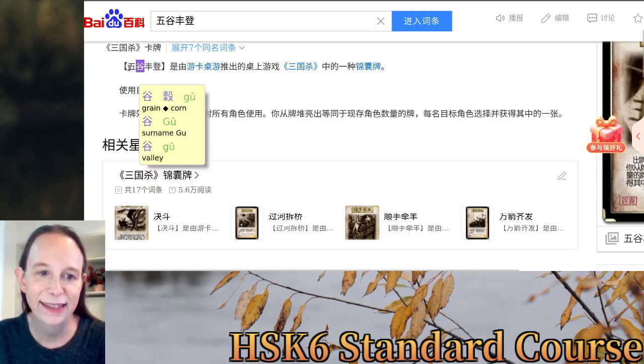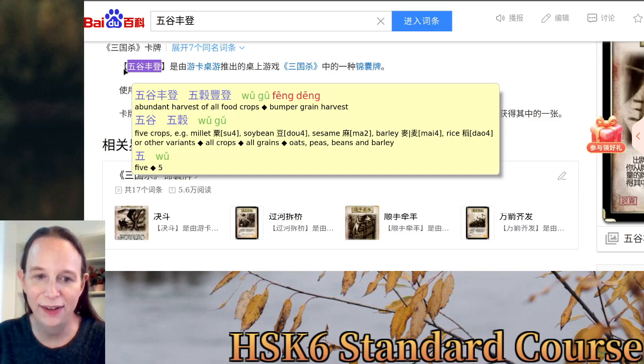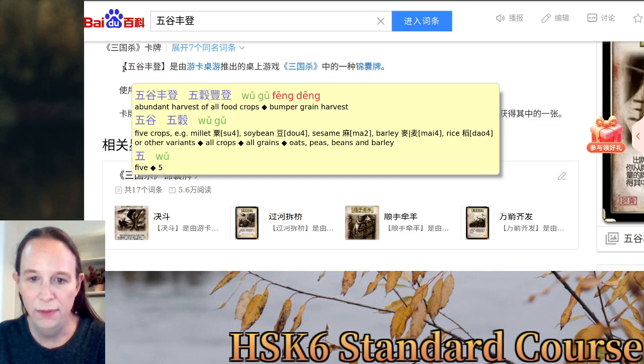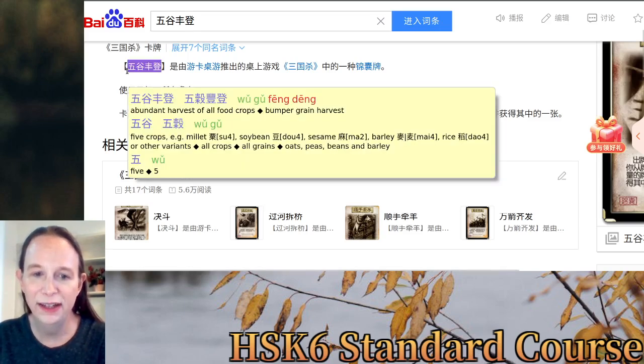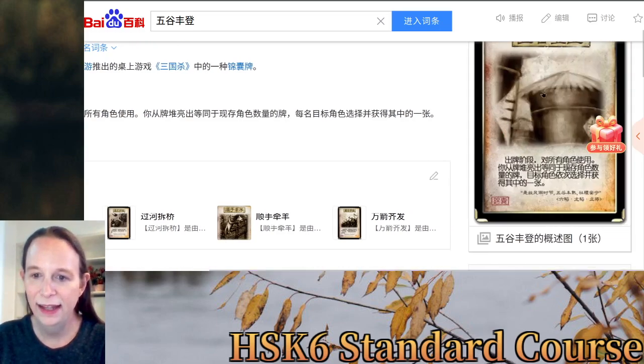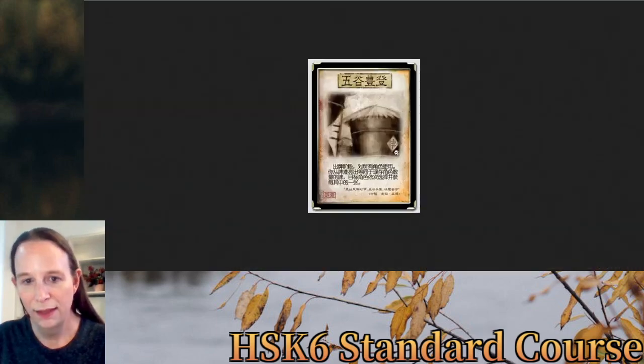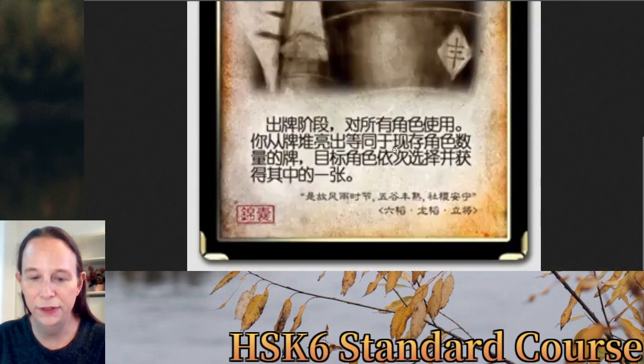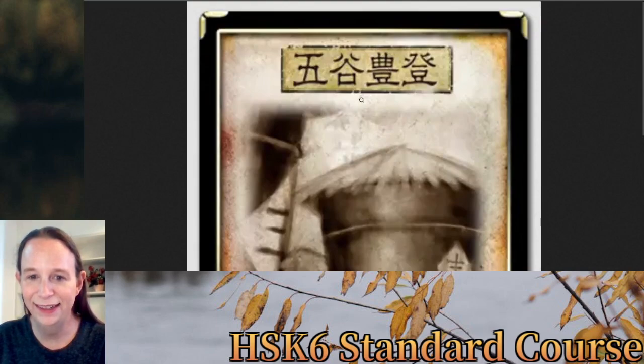Yet another one, I guess, then. 五谷, 5 grains. So presumably 5 grains are important. 粟, 豆, 麻, 麦, 稻. So these are like staple crops. 五谷丰登 implies a bumper crop and everyone's happy because they have food. Is that 丰? I see. That's the traditional character.